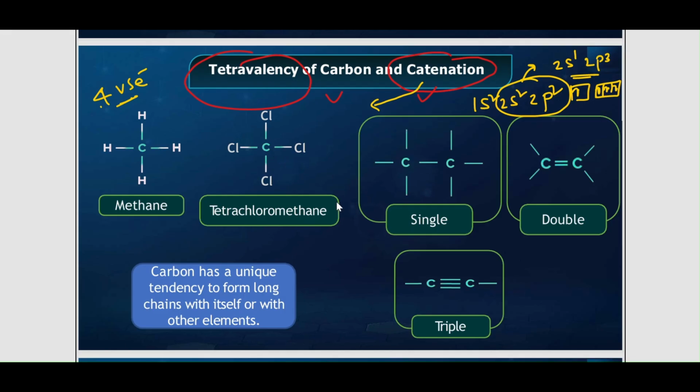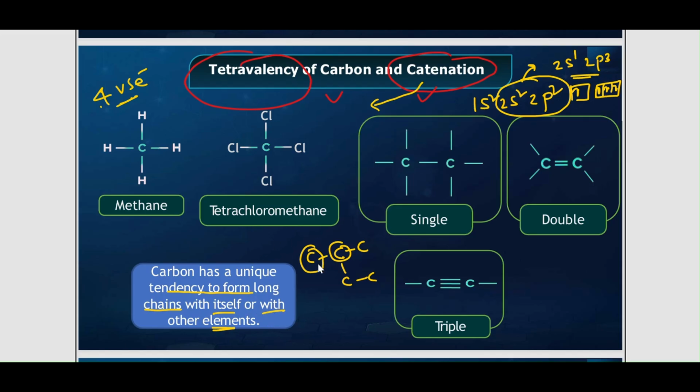So what is meant by catenation? Catenation is the tendency to form long chains with itself or with other elements. That means carbon can form long chains like this, not only with carbon but also with other elements.